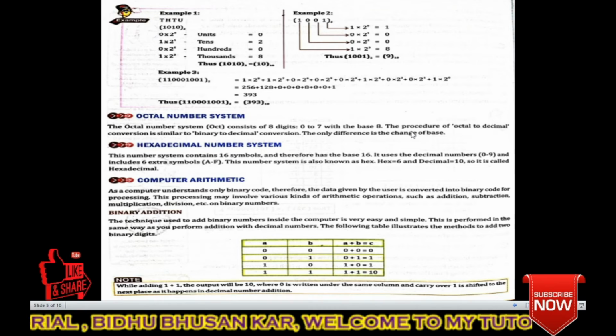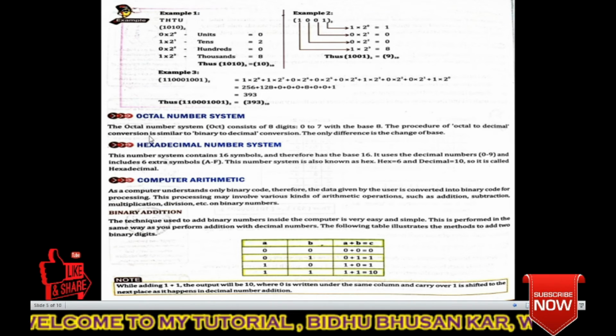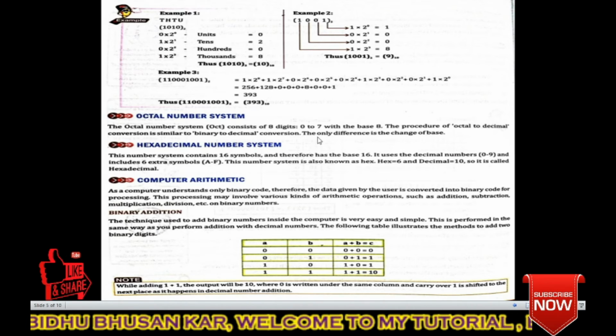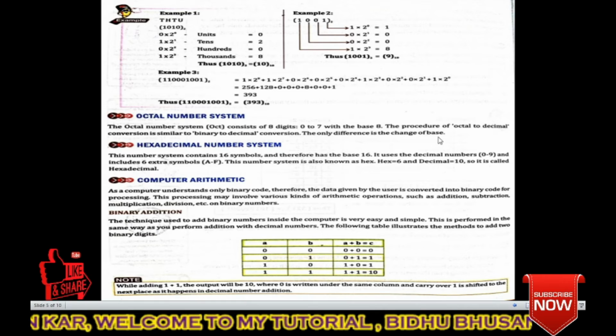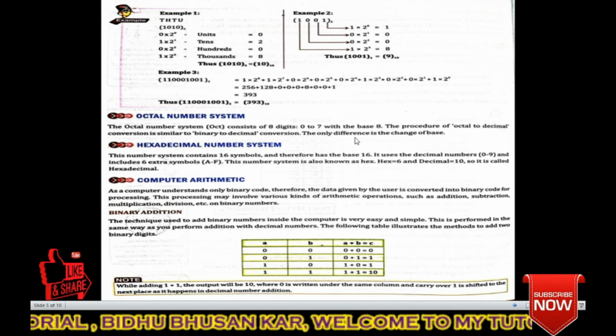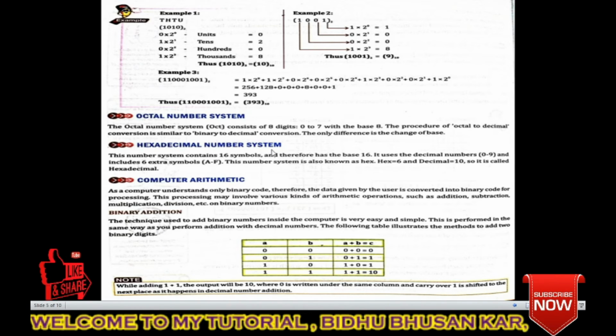The procedure of octal to decimal conversion is similar to binary to decimal conversion. The only difference is the change of base. You have to use the base 8. Same thing.